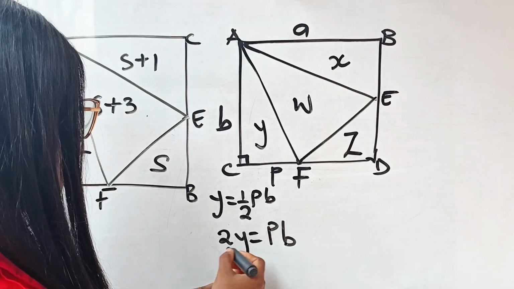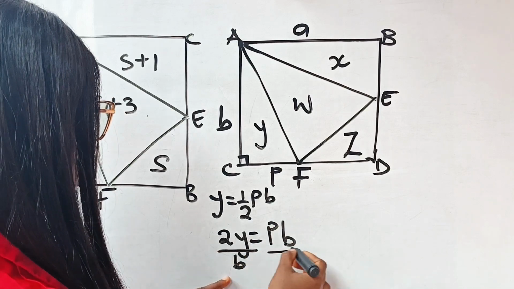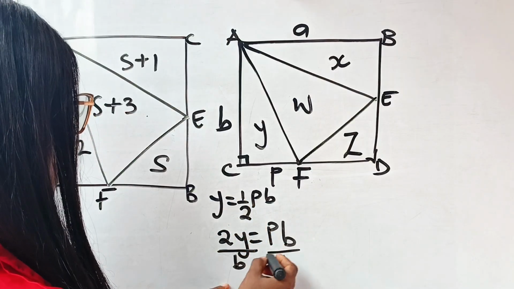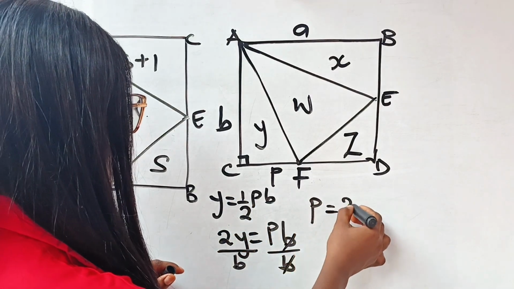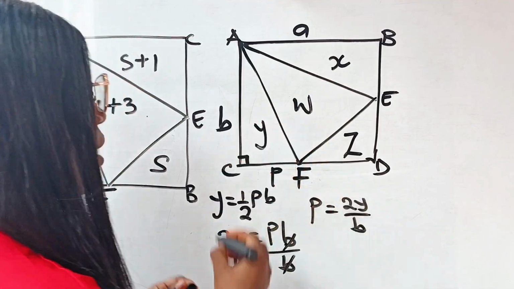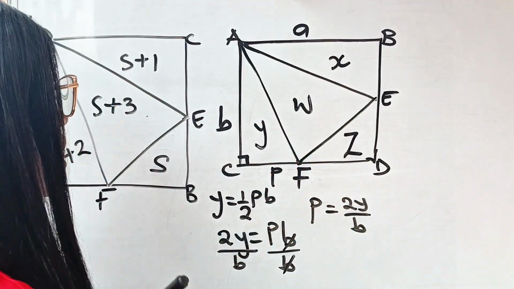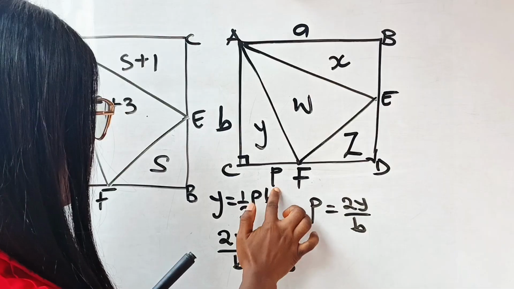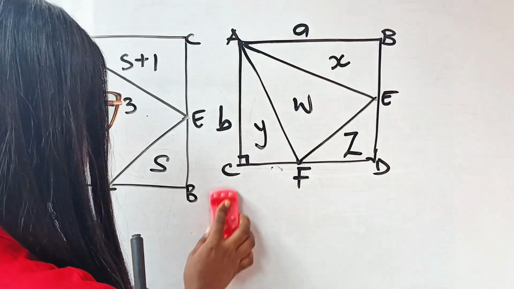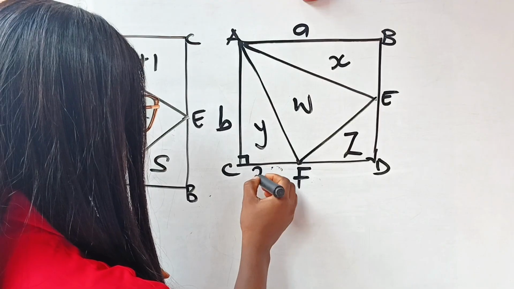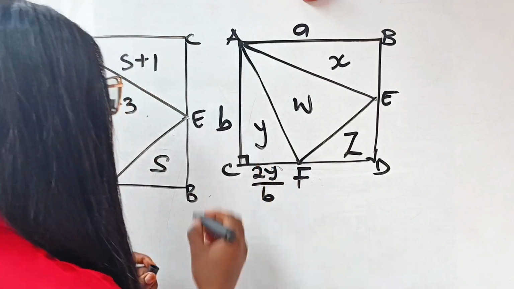To get the value of P, we divide both sides by B, so P is equal to 2y over B. Do you understand? So I'm going to replace this P with 2y over B, and I'll write that. So this space is 2y divided by B.